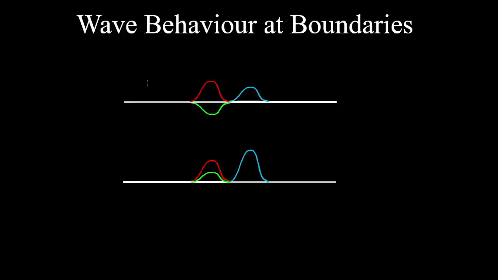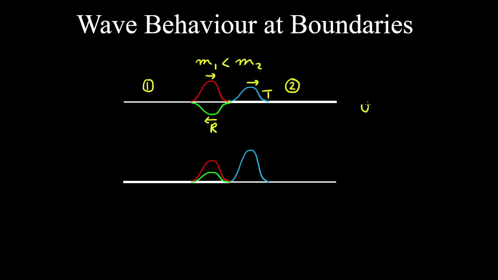A wave that travels from one medium to another can be transmitted or reflected, and this depends on the properties of the boundary separating the two media. So for example, if our medium 1 is a thinner string that has a lower mass compared to the string being medium 2.